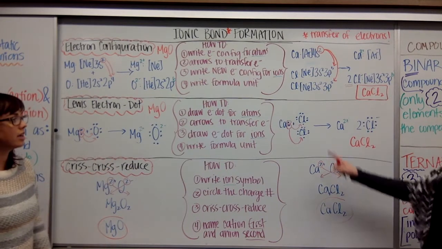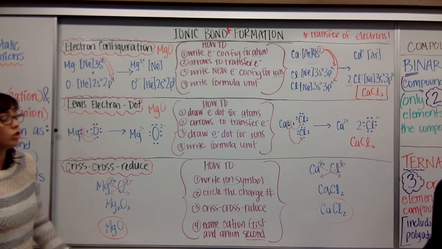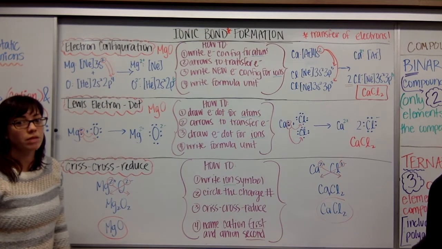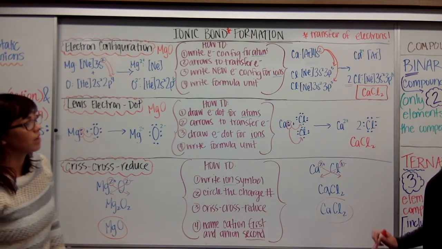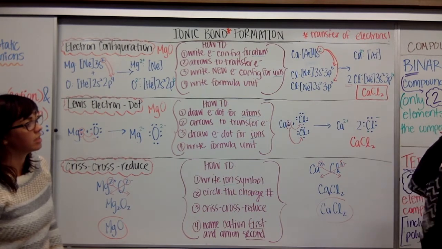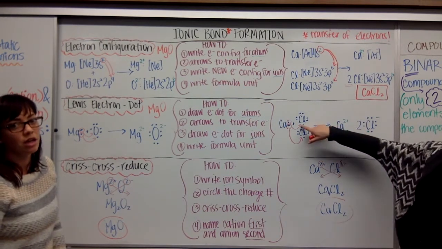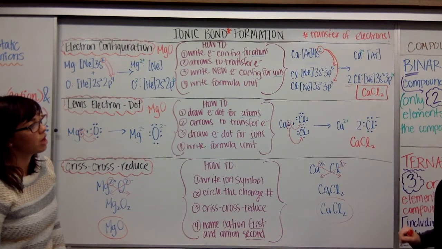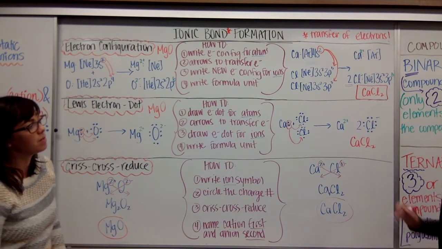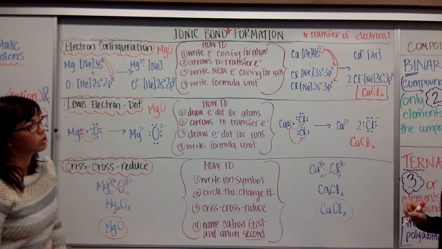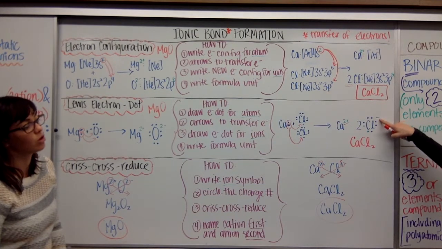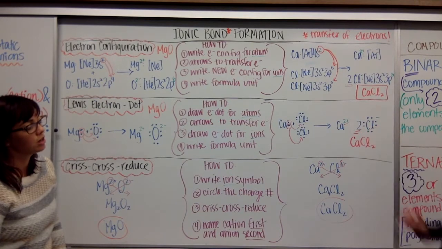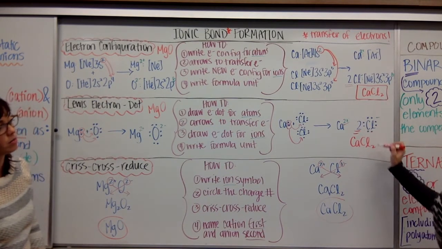Now you can see, second example, we just drew 2 electron dot structures for chlorine because we need 2 of those chloride ions in the end. So we have calcium with our 2 valence electrons, each giving one of our chlorine atoms an electron, and we end up with calcium with a 2+ charge, chloride with a 1- charge, but we have a total of 2 of those, and that becomes our subscript, and so we end up with calcium chloride.